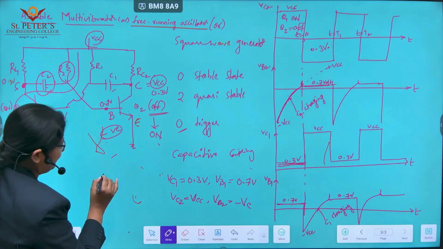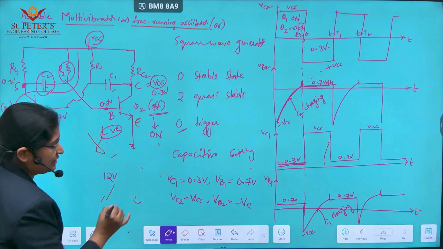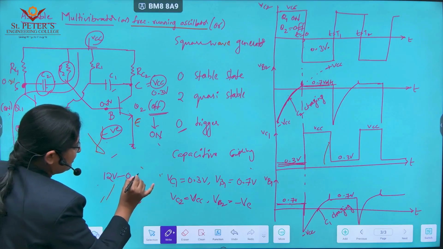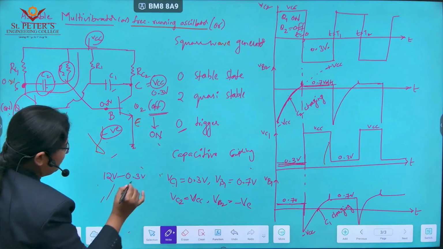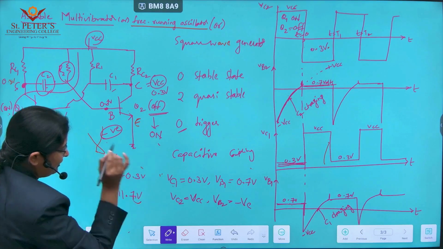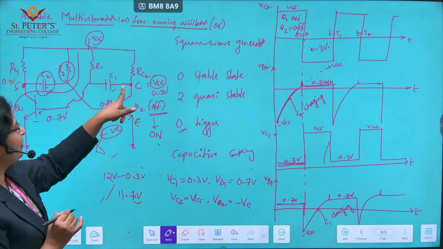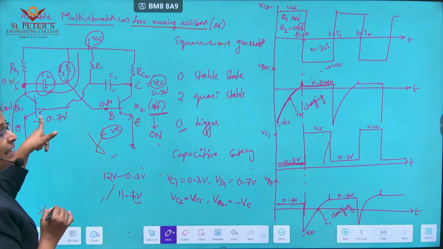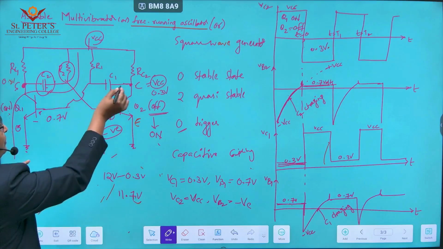If I assume VCC as 12 volts, 12 minus 0.3 is 11.7 volts. This 11.7 volts is connected to the base of transistor Q1 through this coupling path.